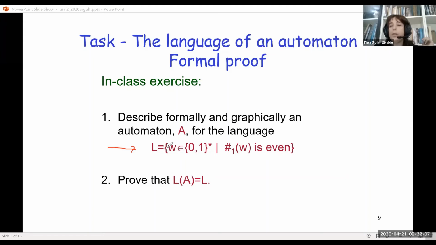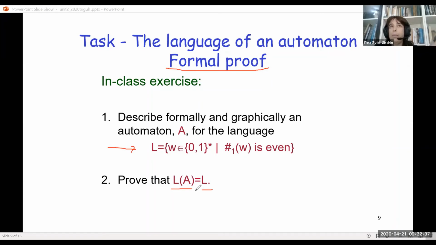The first task was to build the automaton that accepts this language. The second step was to give a formal proof that the language that we had and the language of the automaton that we built are the same language. And now we will have a relatively long proof.